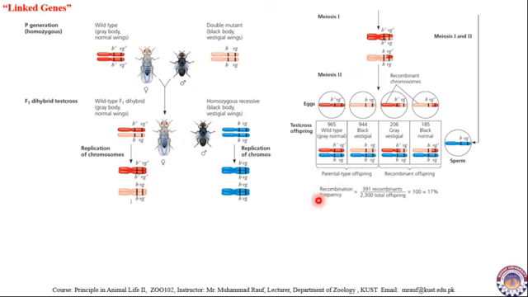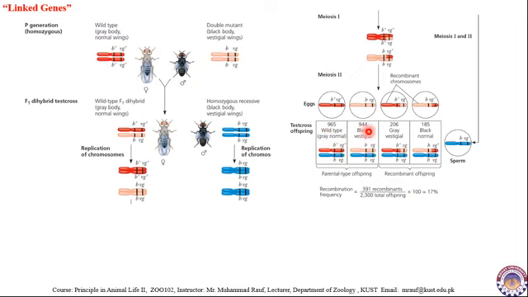So how is recombination frequency calculated? Write the number of recombinants, or new allele combinations, or non-parental types: 206 plus 185 makes 391, and divide that value by the total number of offspring in the F2 generation.